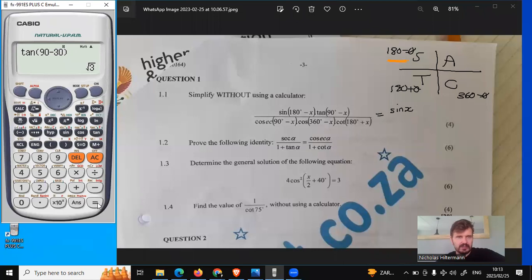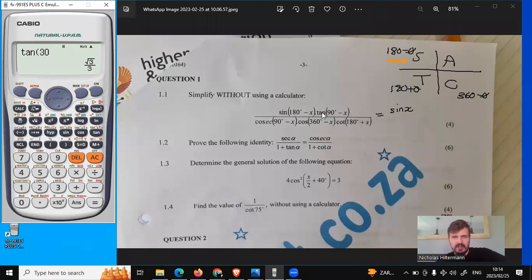And I go, okay, that's root 3. Okay. So then what I do is I just check, does tan 30 equal root 3 though? Because then I can just say it's tan x. So I double check. So what's tan 30? Root 3 over 3. So it's not the same.